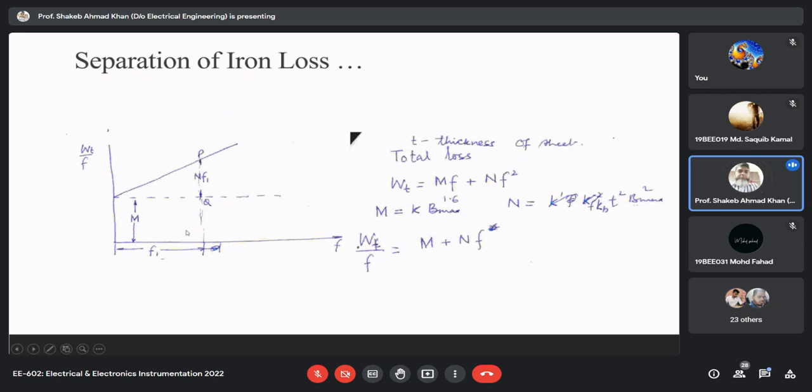Forget about the graphical method. If you are having this equation and you want to find out the coefficients' values, how will you find them? One method is the graphical method, but what could be the other method?